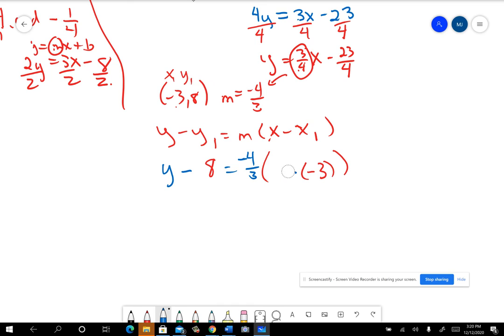Sorry, I wanted all the stuff I plugged in to be in red, and then what was already there in blue. There you go. Now this is what I wanted you to see. It's x minus a -3. So that's going to become x plus 3. This is just y minus 8. Stays that way for a minute.